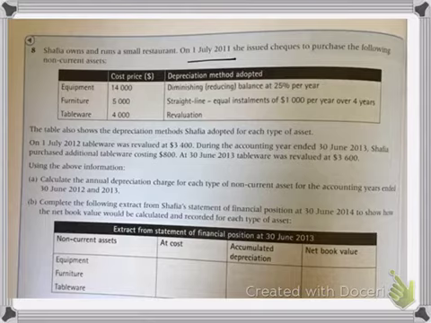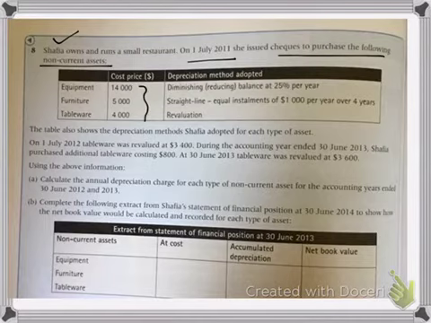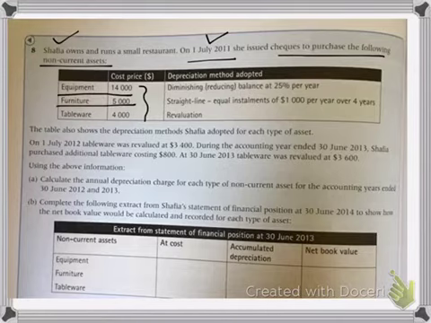Okay, so this is the information that you have about Shafia's business, and she issued checks to purchase the following non-current assets. So these three non-current assets were purchased on 1 July 2011. She purchased equipment for 14,000, furniture for 5,000, and tableware for 4,000.